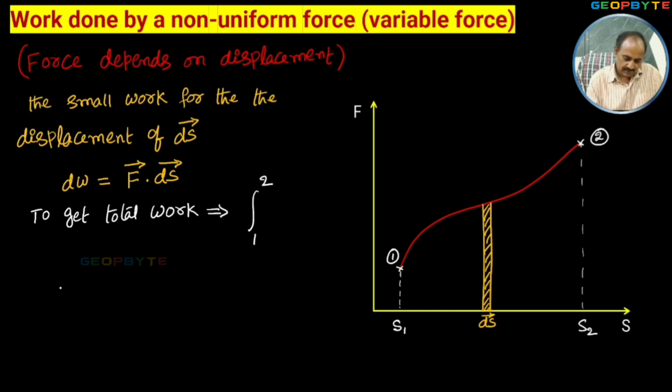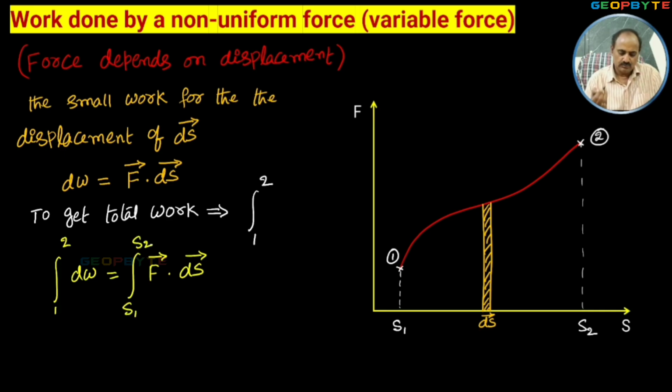It can be written as integral 1 to 2 dW equal to integral F bar dot ds bar. Since here force is depending on the displacement, I can write the limits S1 to S2.